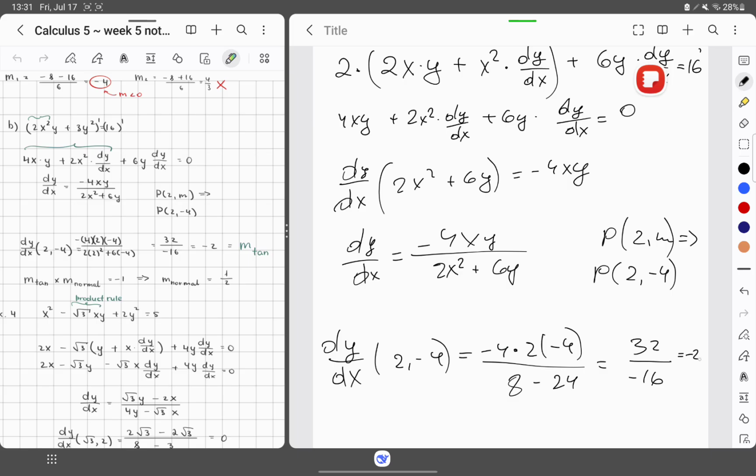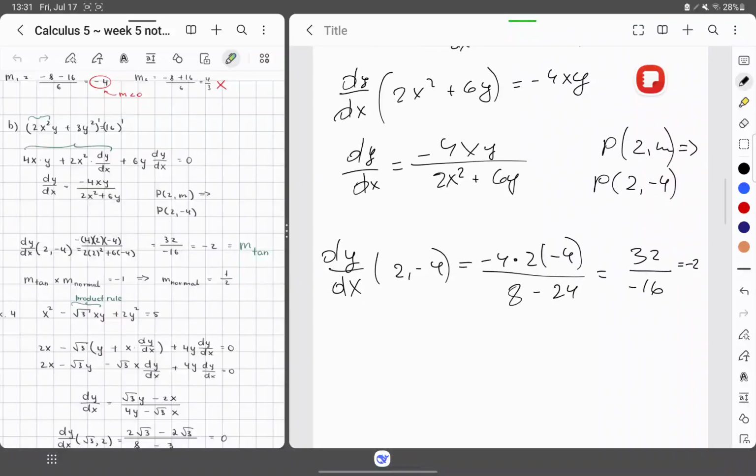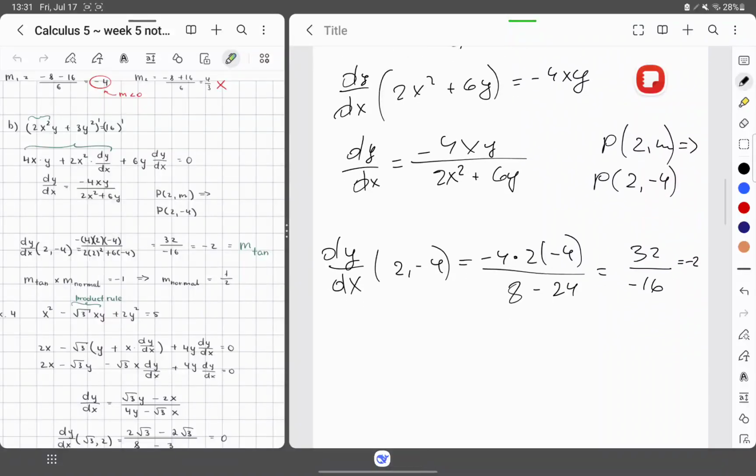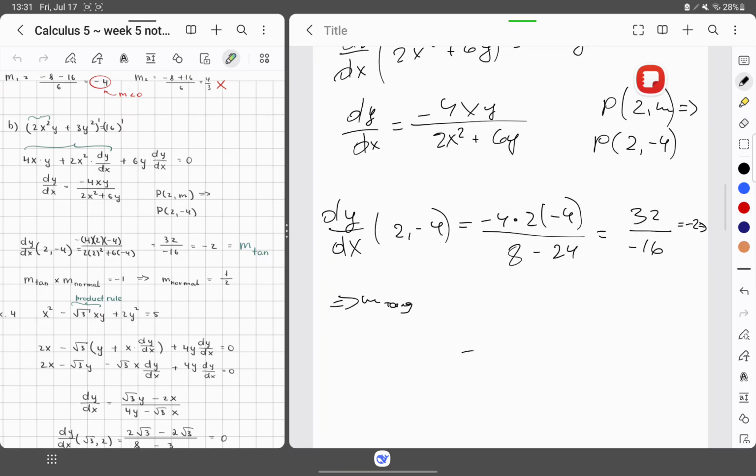It will be negative 2. So dy over dx is what? Negative 2. It means that our slope is negative 2. That is m tangential. Other one, negative 1 over 2 will be.